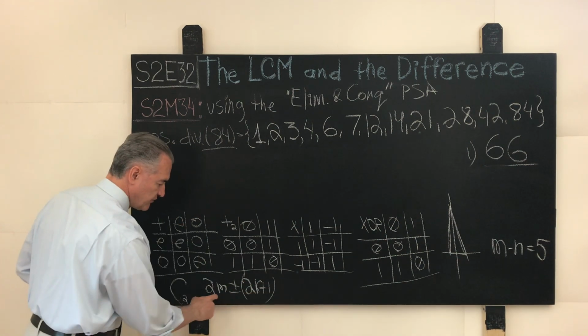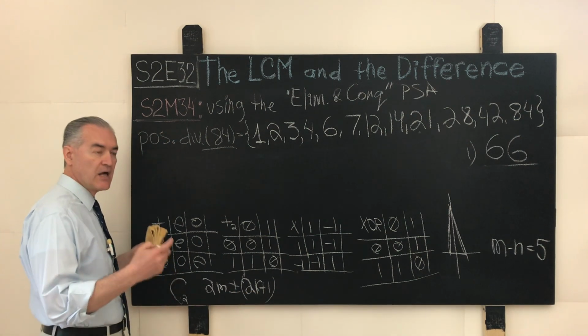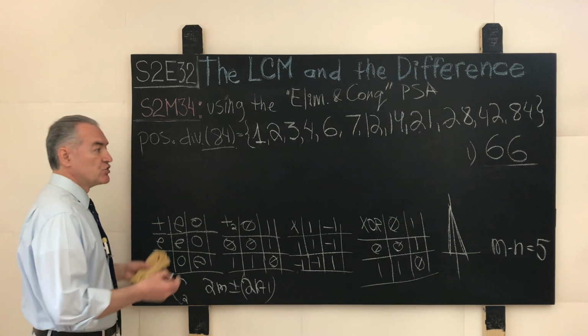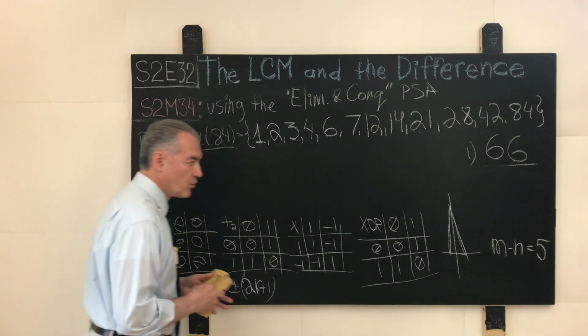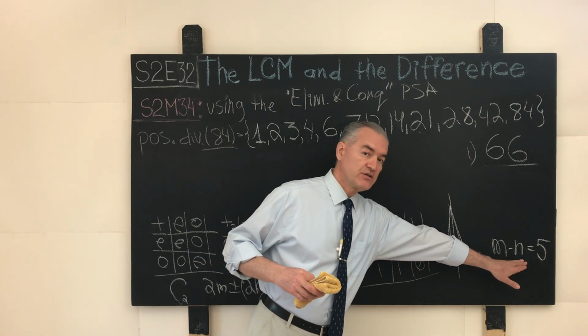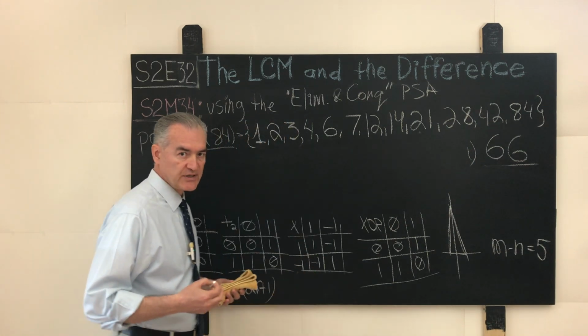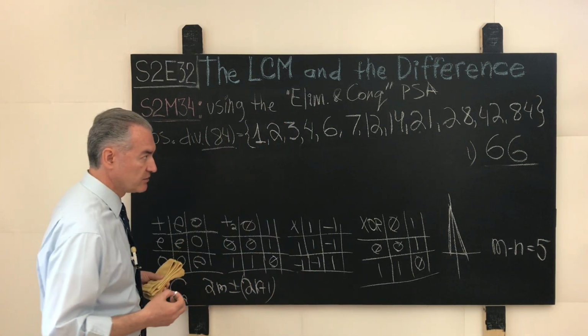Again, 2 can be factored out, m plus or minus k, and then here we'll have plus or minus 1, an odd number. So now we conclude that one number in the pair must be even, and the other number in the pair must be what? Must be odd. And how can we capitalize on that interesting and tactically useful conclusion?